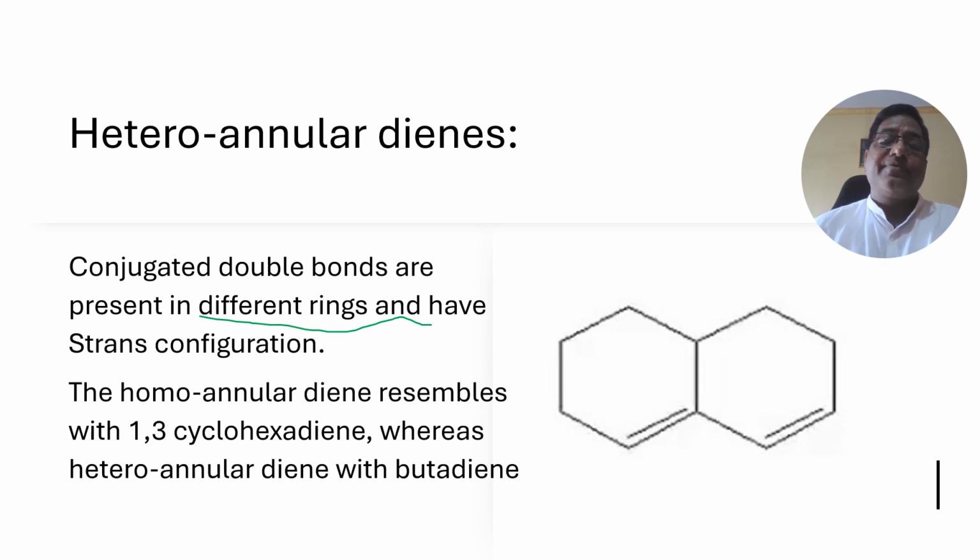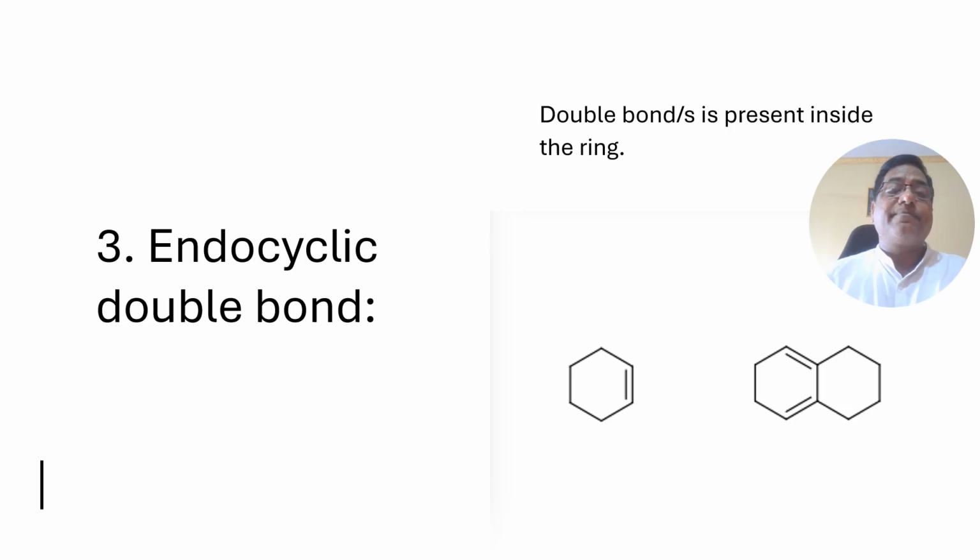You can see this is ring A, and this is, suppose, ring B. So the two double bonds are present: this is one double bond here, then a single bond, then a double bond, and therefore it is called the heteroannular diene. This is one alkyl substituent, this is another alkyl substituent, and this is the third alkyl substituent. And also there is an exocyclic double bond that we call a contributor.